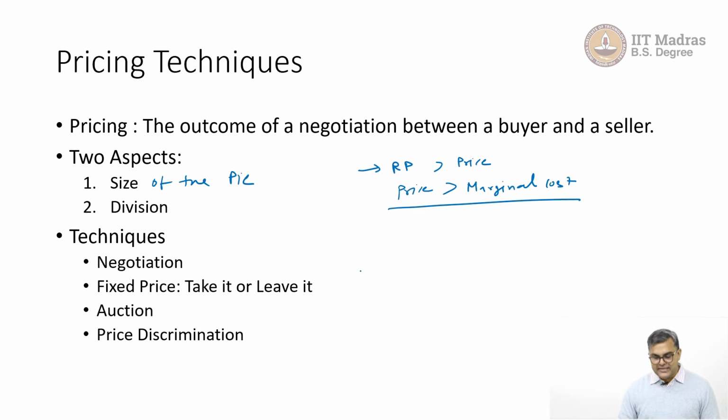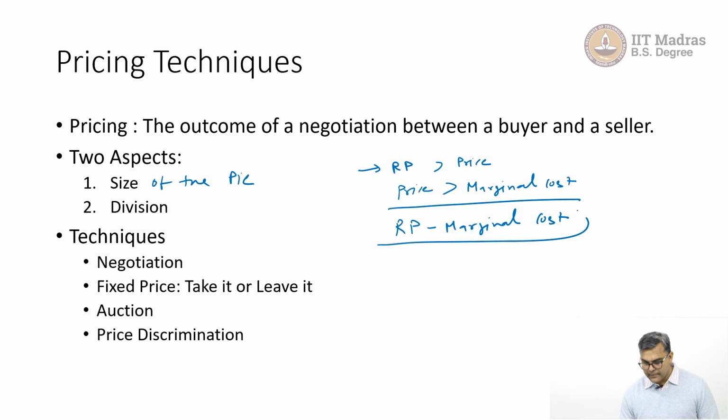So if a transaction happens between a buyer and a seller, then for society a value is created which is equal to reservation price minus marginal cost. This is the value that gets generated in the transaction. So this is one aspect.